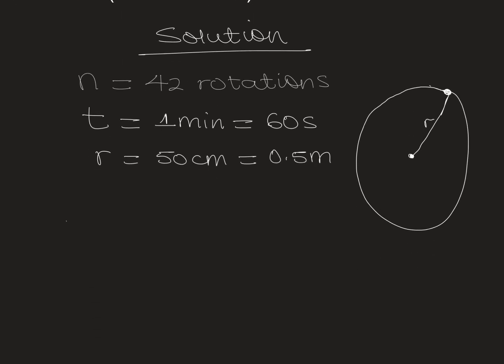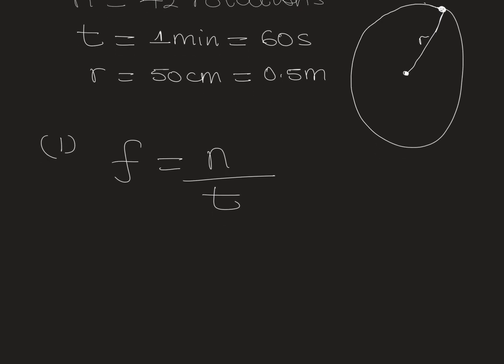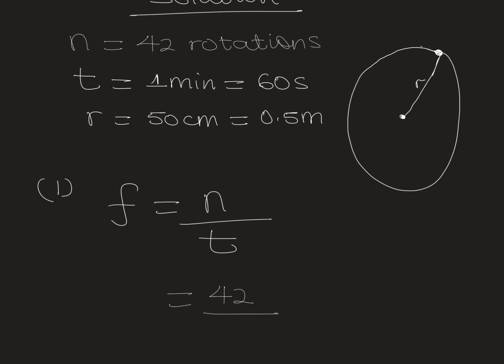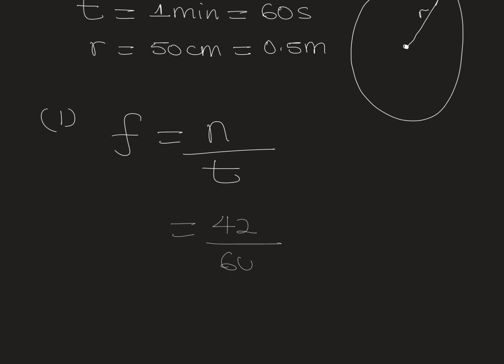The first question is asking us to find the frequency. We know that it is equal to the number of rotations divided by the total time. So that is going to be 42 divided by 60. 42 divided by 60 is 0.7, so that will be 0.7 hertz.